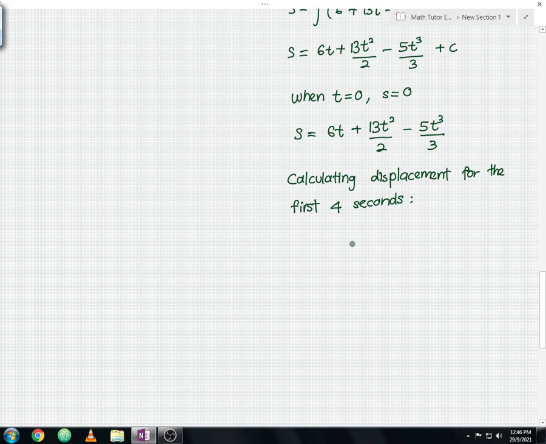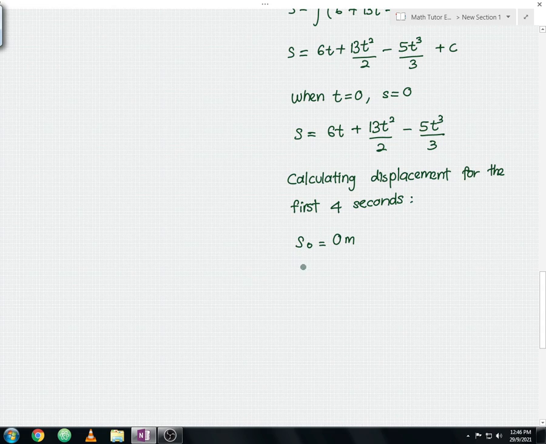At last you'll go for the 4th second. Okay, so when t is equal to 0, your displacement will be equal to 0 meters. Basically, you need to substitute the t values for the first 4 seconds into this equation, and you will get the respective displacement values. That is what I'm listing out over here.